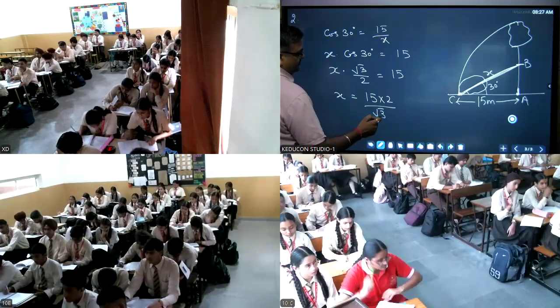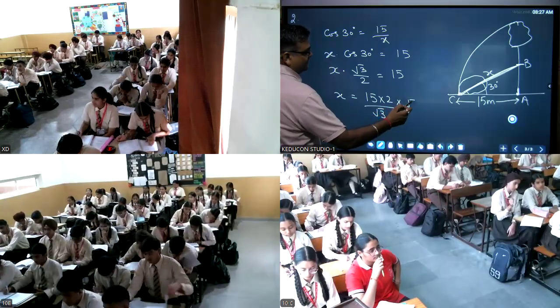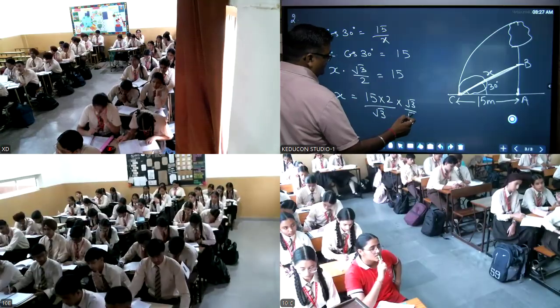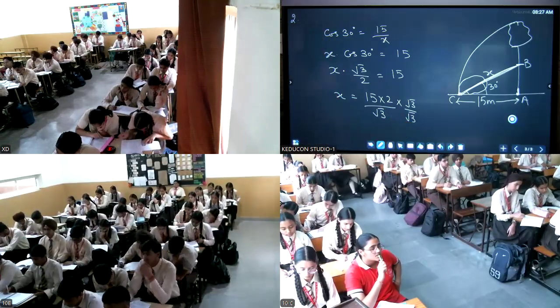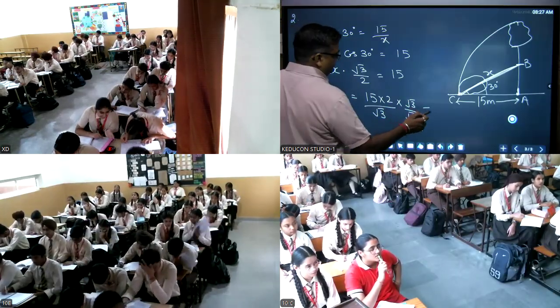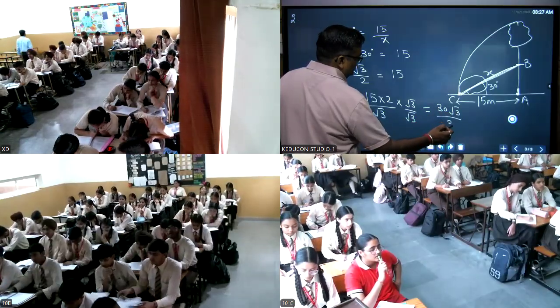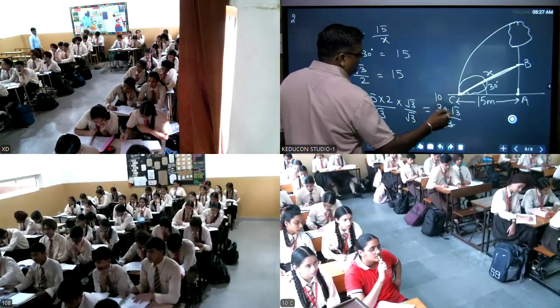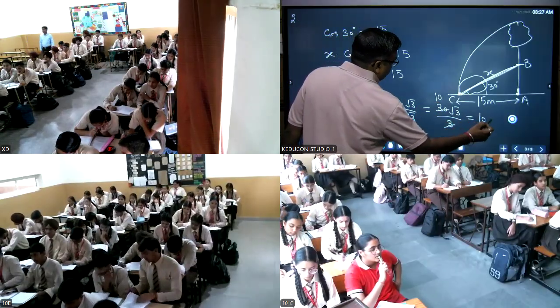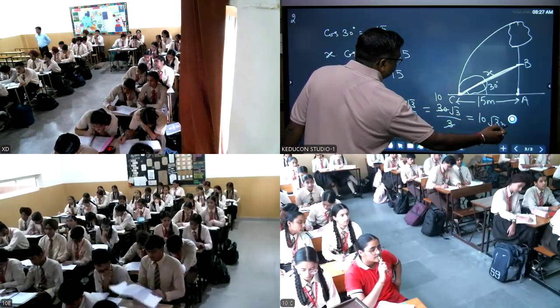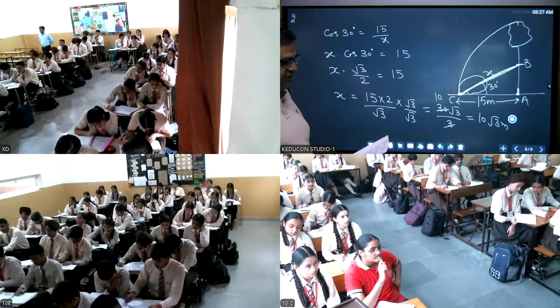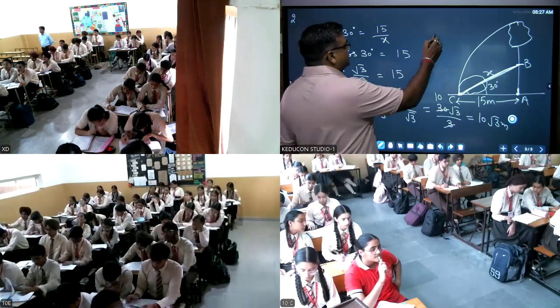After this, rationalize. Is this clear? So what this becomes? 30 root 3 over 3. So which cuts down to 10 root 3. So we have the option 10 root 3, option D.